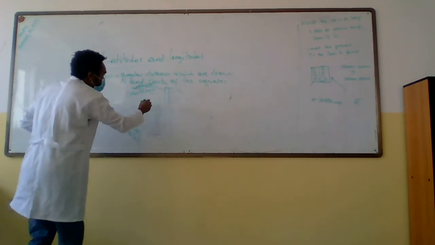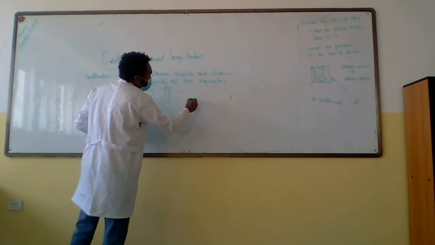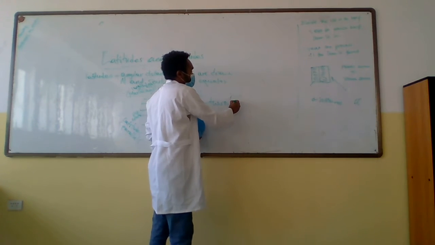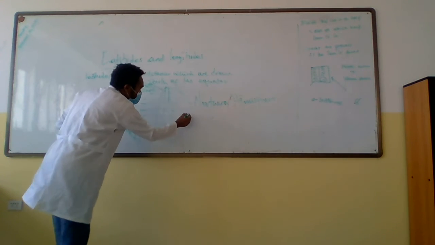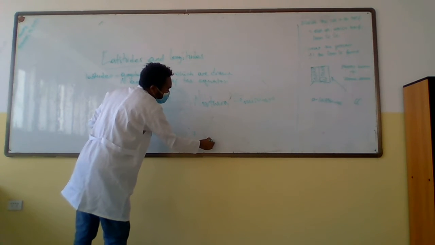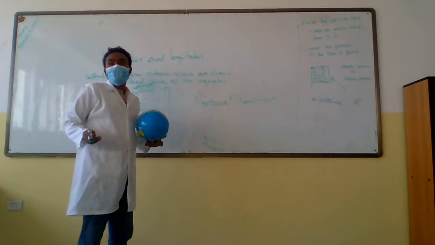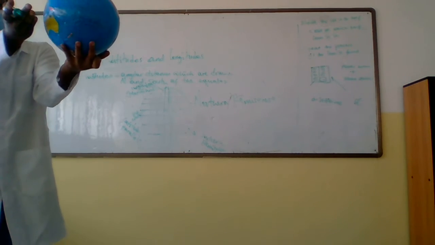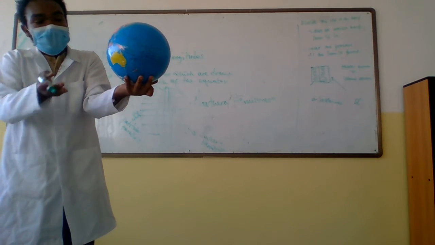So all these areas to the north of the equator are called the northern hemisphere, and this one is called the southern hemisphere. Are you together, students? Okay. So the northern hemisphere refers to the areas north of the equator.